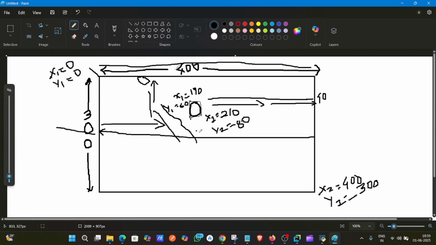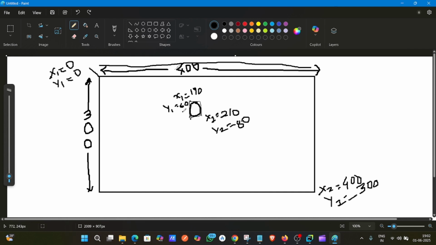It should come down till y2 is less than or equal to 300, because the height is 300. The moment y2 becomes 300, the ball should start moving upward. I hope it is clear. So let's remember this and let's go forward.